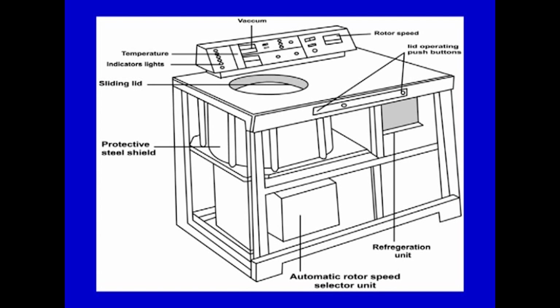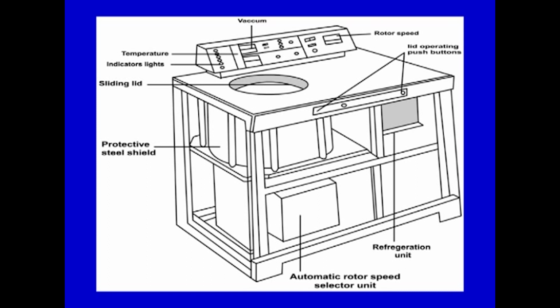So, a typical ultracentrifuge might look like this. It has a lot of different things, like I said: protective steel shielding, a good refrigeration system, high vacuum conditions, an automatic rotor speed selector unit, and imbalance recognition.